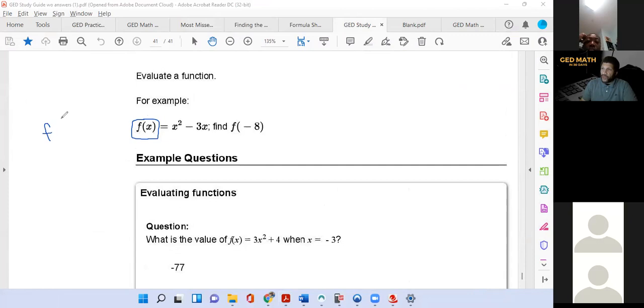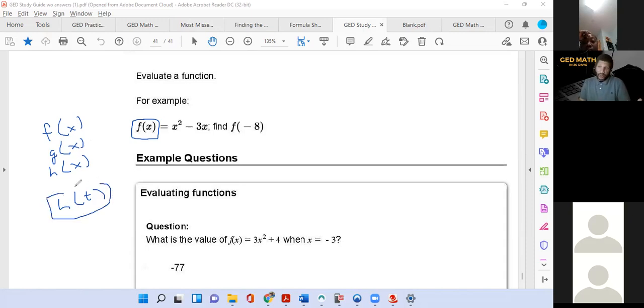So it could be f of x, it could be g of x, it could be h of x, it could be h of t. It doesn't matter. What it's saying is the function f depends on the variable x. The function g depends on the variable x. Here, the function h depends on the variable t. So all you're doing is when you find out what t is, you just plug that in.